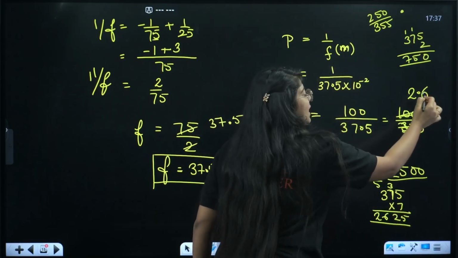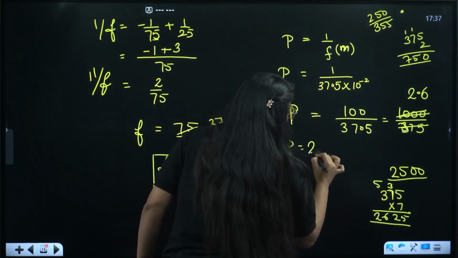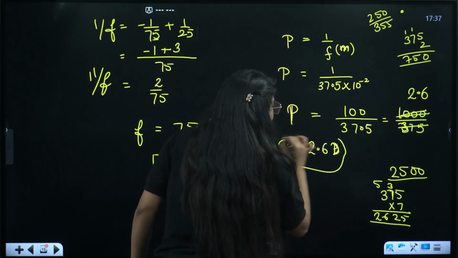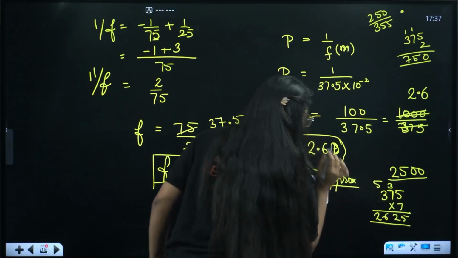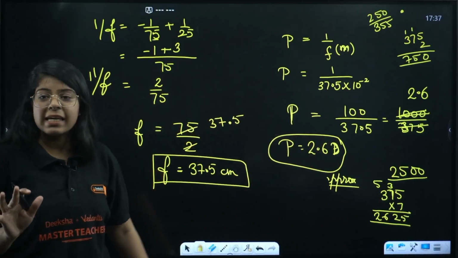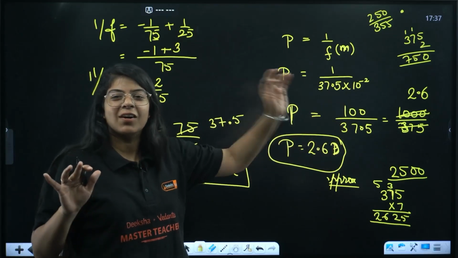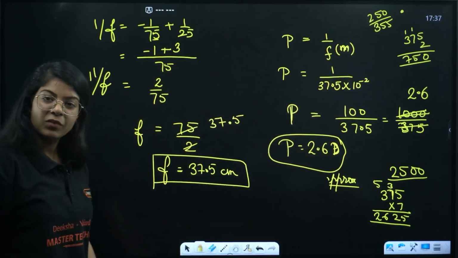You can leave the answer till here. So power will be 2.6 diopters, and you can write approx with this. Done. Easy. I told you how to do the calculations. Just do it a little bit carefully. Draw a line in this part and do the calculation.